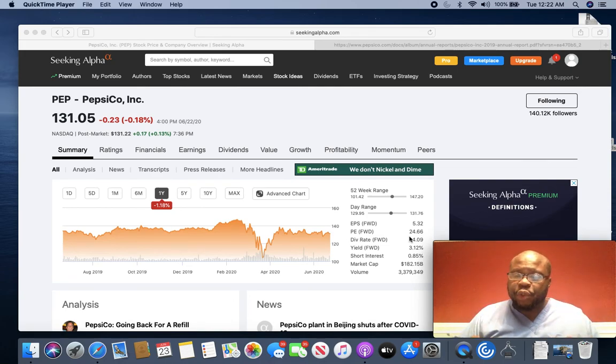So the PE ratio is a way to compare apples to apples, right? So you have a company like Apple. Let's take a look at Apple, see what the PE ratio is.